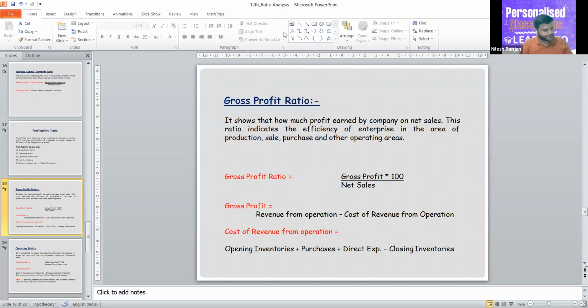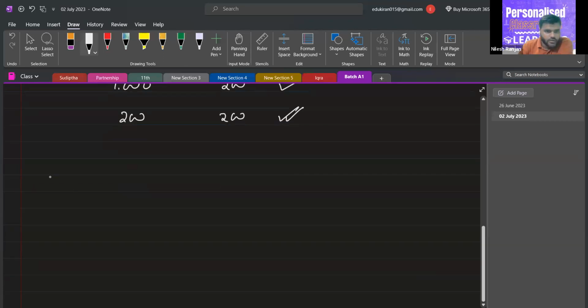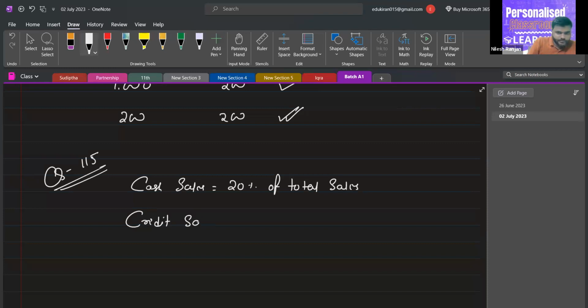Okay, there is a question given here. I'm writing the information. Question number 115. Cash sales is 20% of total sales, and credit sales is 5 lakh.